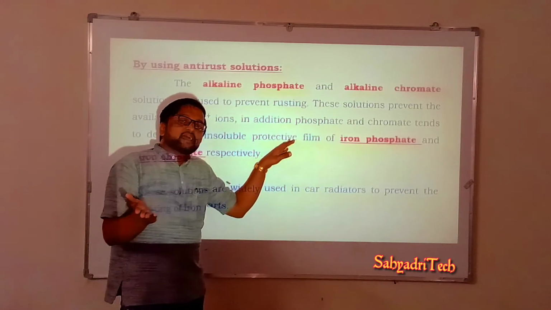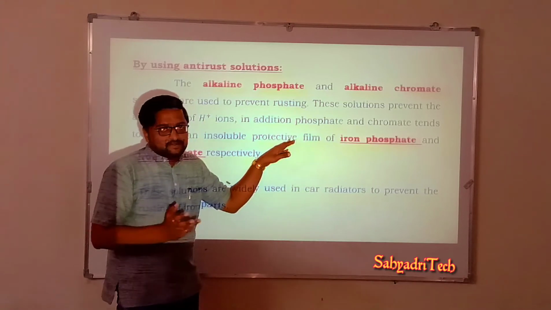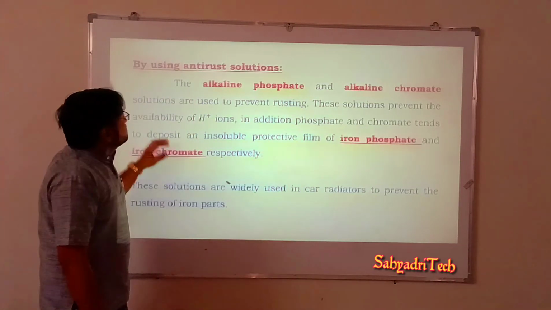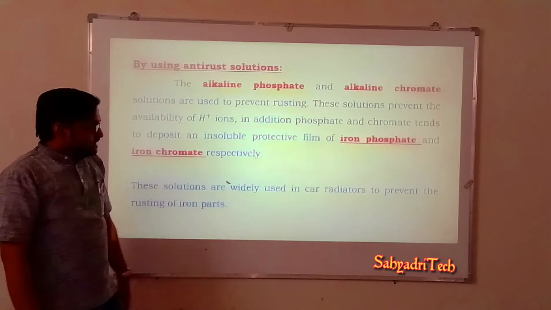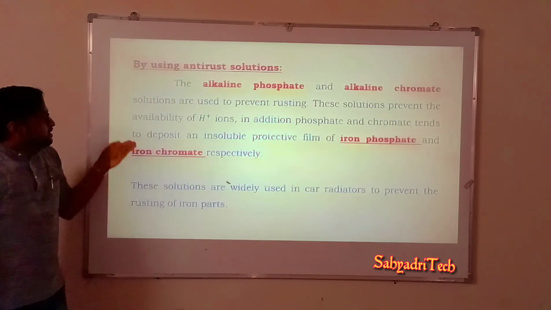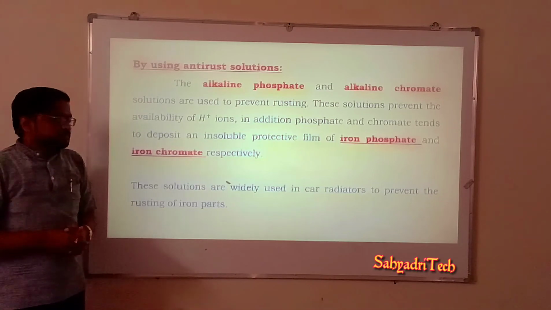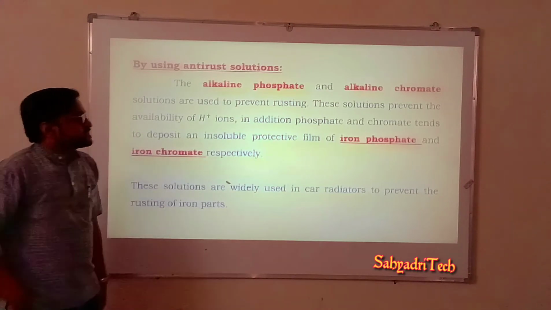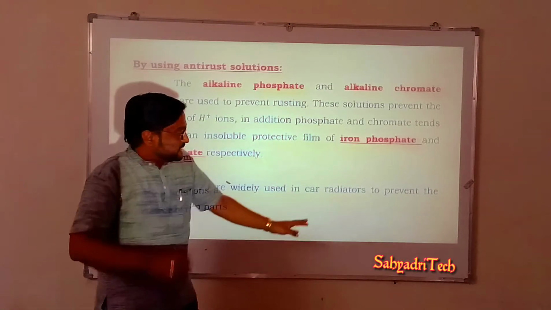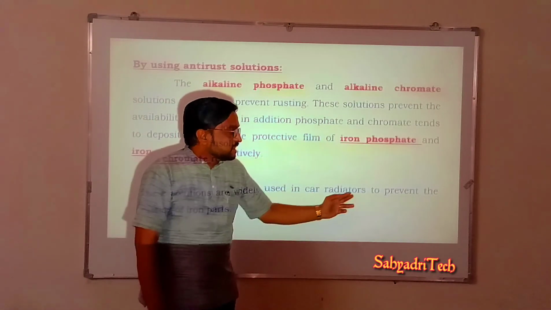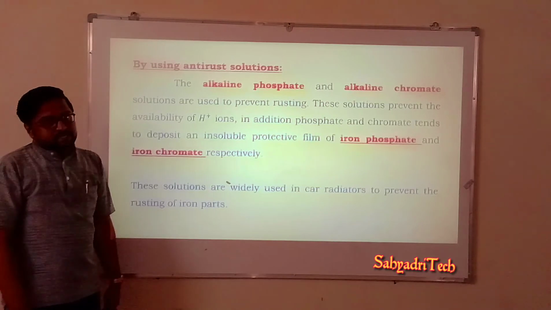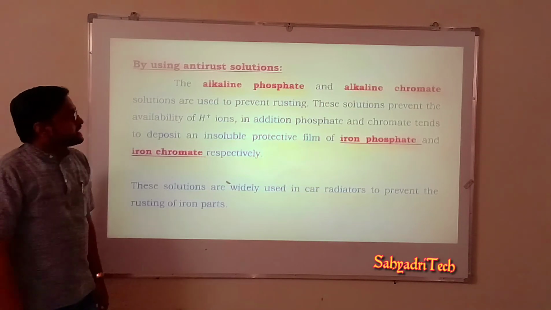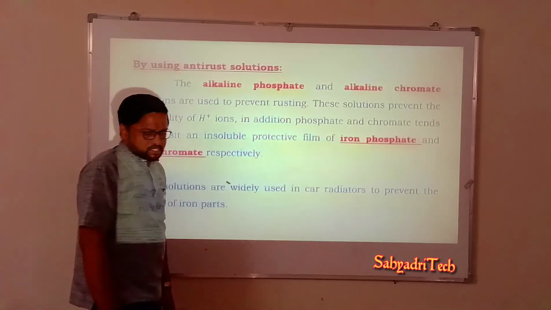Therefore, the rest of the iron won't get corroded. So we say, by using anti-rust solutions also we can prevent corrosion. These solutions are generally used in vehicle radiators, particularly car radiators, to prevent the rusting of iron parts. Okay, so it's like prevention of corrosion.